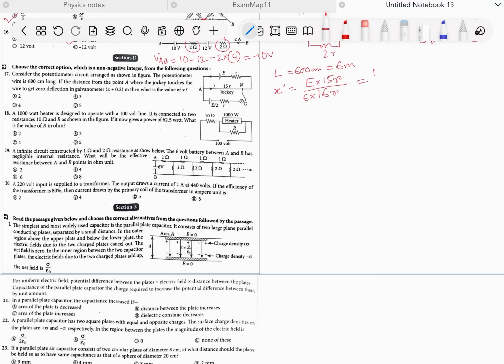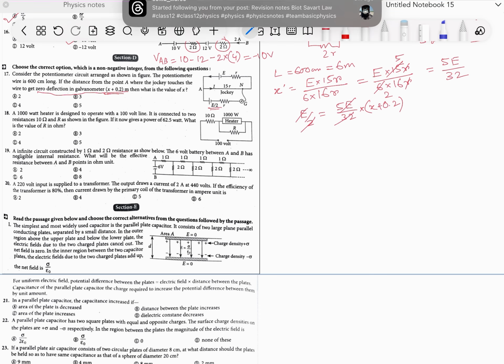So it will become E into 15R by 6 into 16R. So R cancels out, and 6 by 3 is 2, so it means 5E by 32. Okay, so now there will be zero deflection of the galvanometer when the distance is x plus 0.2 for this E by 2. So E by 2 equals 5E by 32 into x plus 0.2. So E cancels out, and 16.